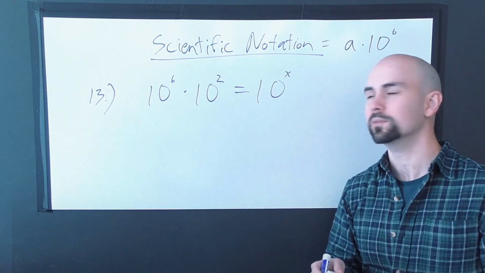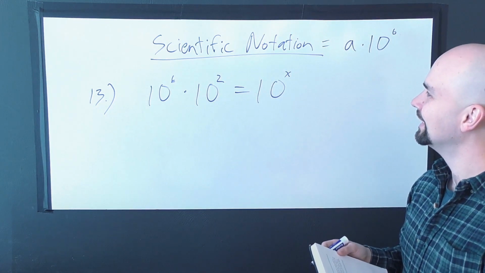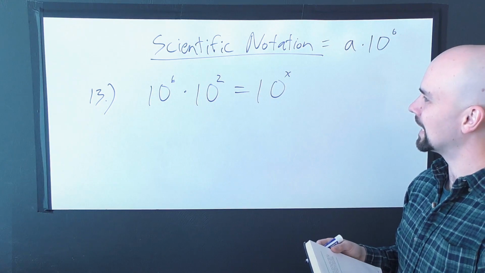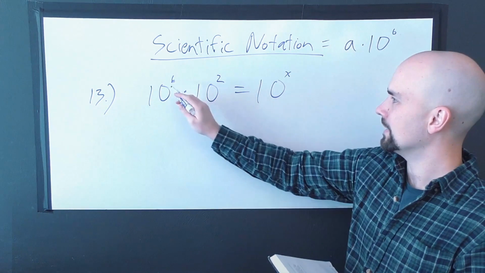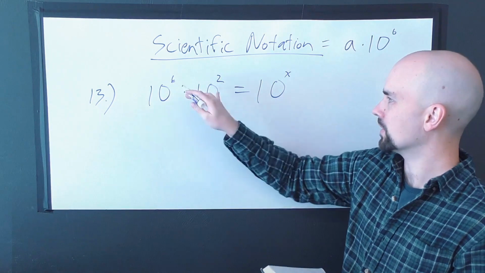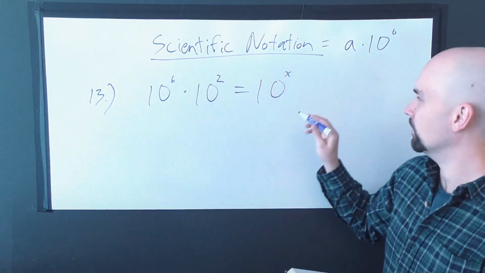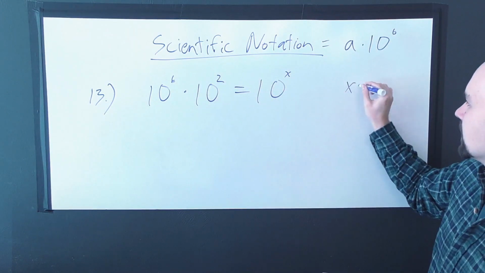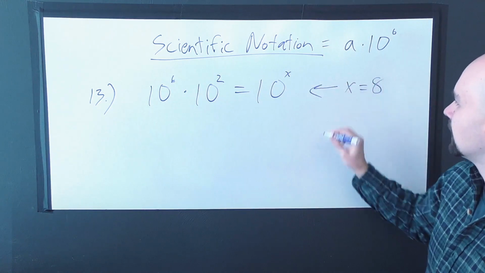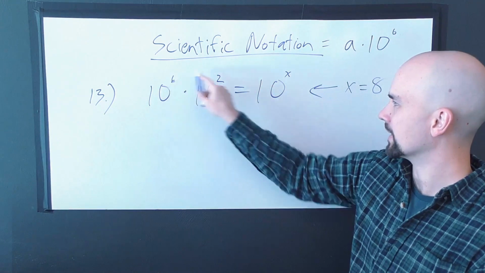That's really very simple. If we wanted to, we could solve this in a kind of a complex way, but we don't need to. We can just say, all right, well, what is 10 to the power of 6 times 10 to the power of 2? That would be 10 to the power of 6 plus 2, which is 8. So in this situation, x equals 8. Because 10 to the power of 8 is the same as 10 to the power of 6 times 10 to the power of 2.